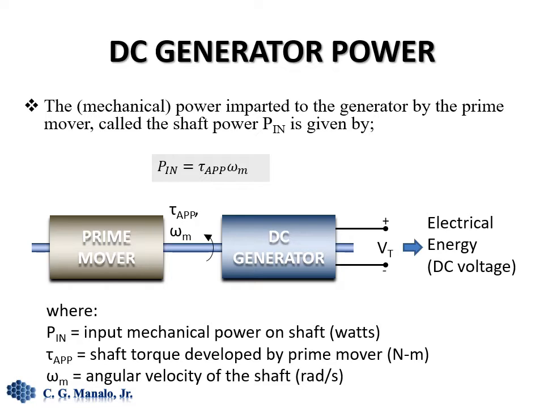So this is the actual energy that is going to the generator, and we wanted to know how much of this power P sub in actually goes out of the terminals of the generator.